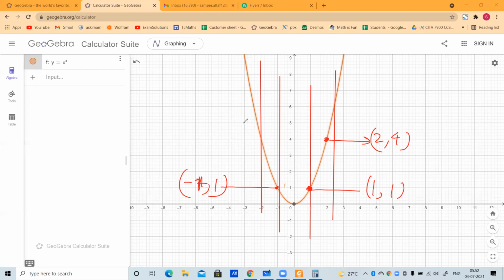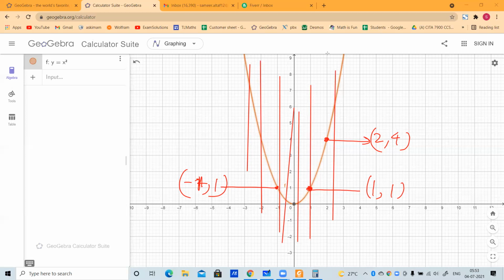So make a vertical line everywhere, and see if it passes through only 1 point. If it cuts the graph at only 1 point, then it is a function. Right?